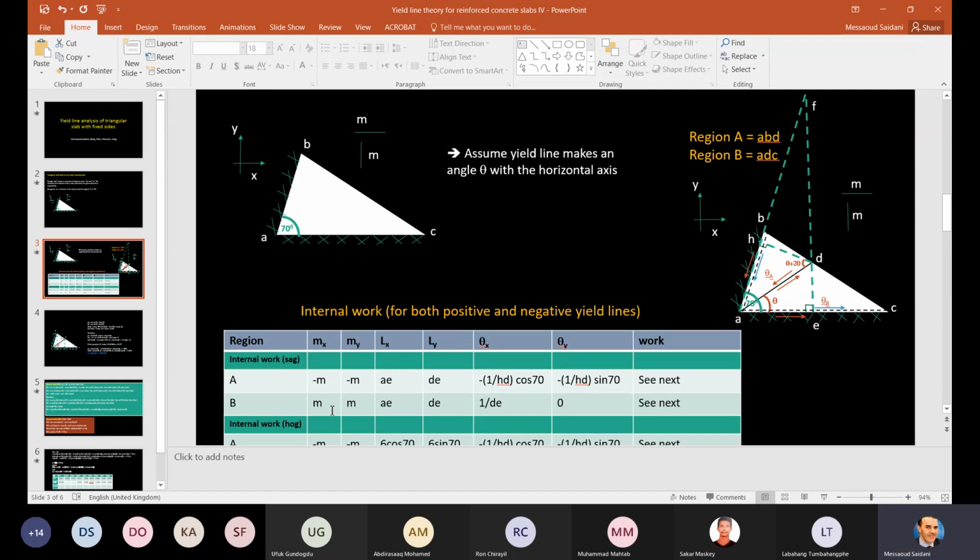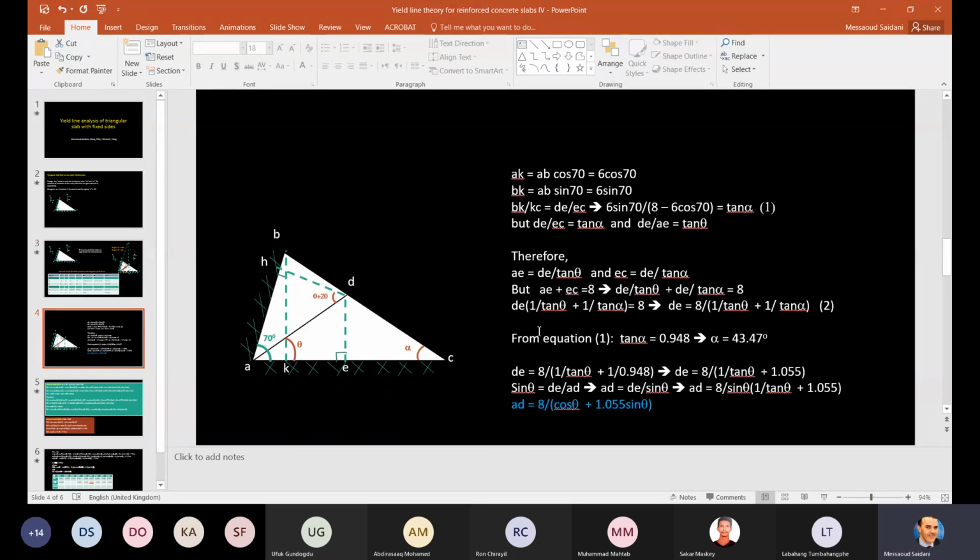All right. And the way I've done it is I've taken the slab, the triangle, and I've used parallel. I've used first of all the angles here to get AK, and then to get BK from the 70 degrees angle. Then what I did was I used similar triangles, these two here.